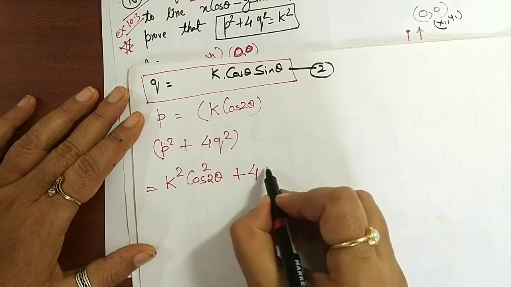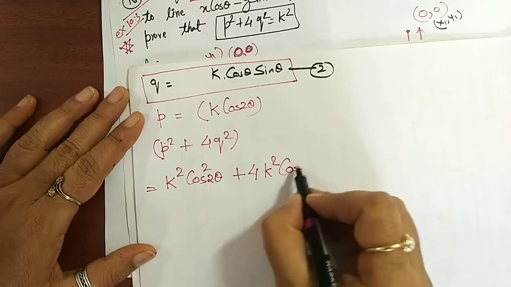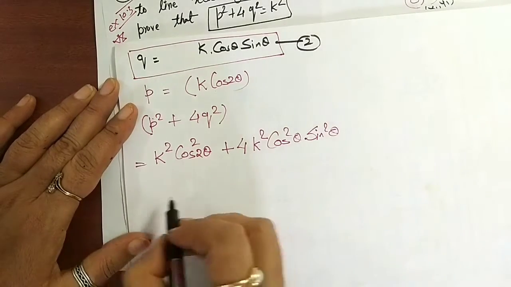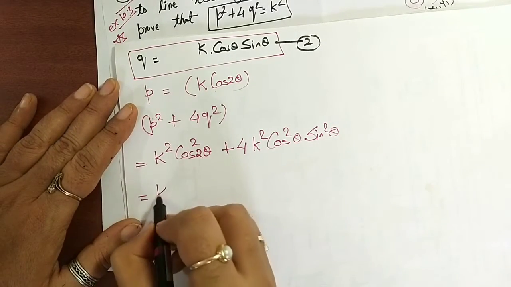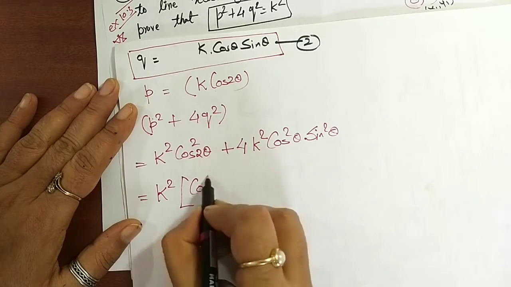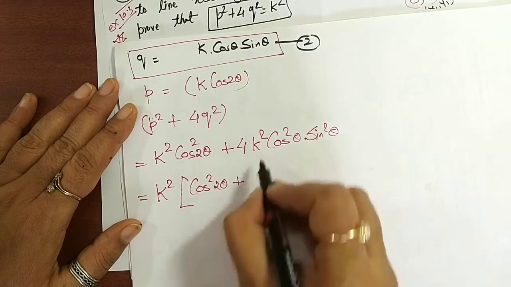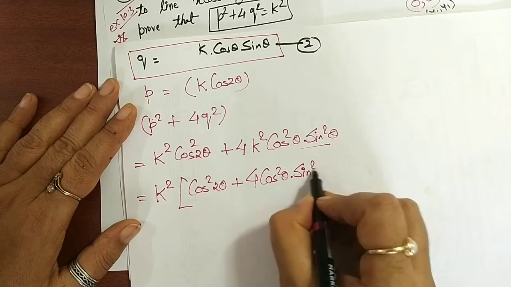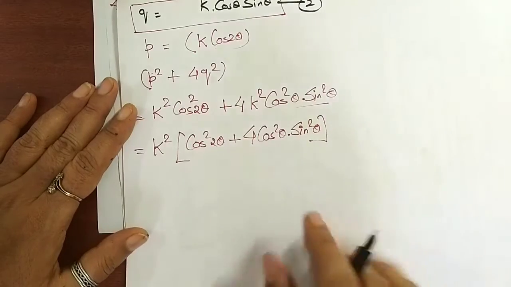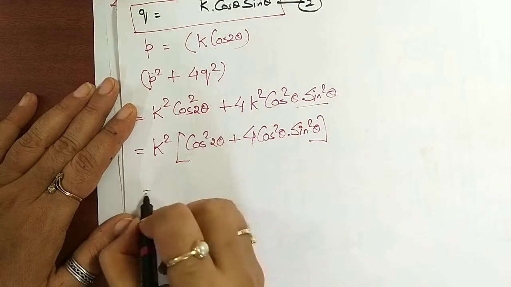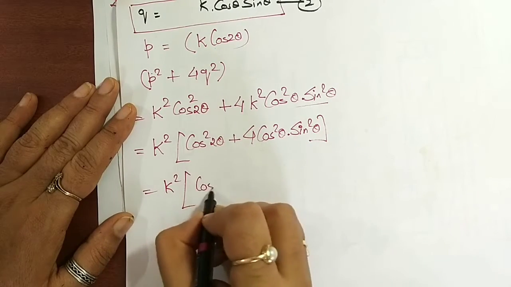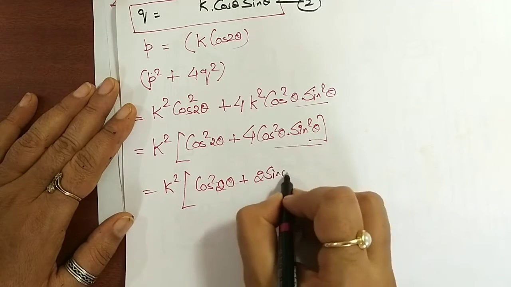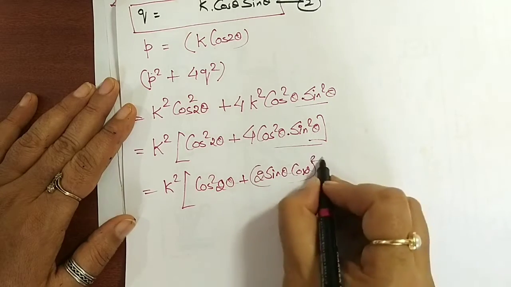So let me write down k square cos square theta sin square theta. Let me take k square common. So I am writing cos square 2 theta plus 4 cos square theta and sin square theta. If you look carefully, isn't it looking like cos square 2 theta plus 2 sin theta cos theta whole square?